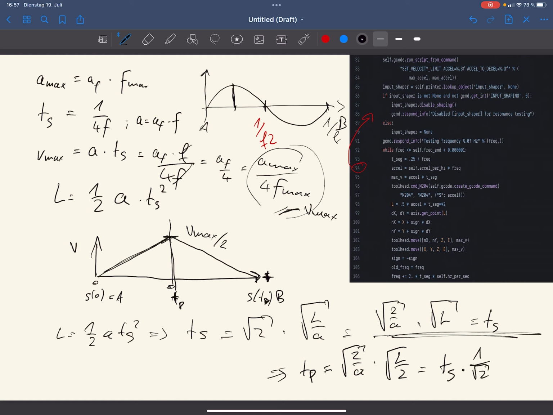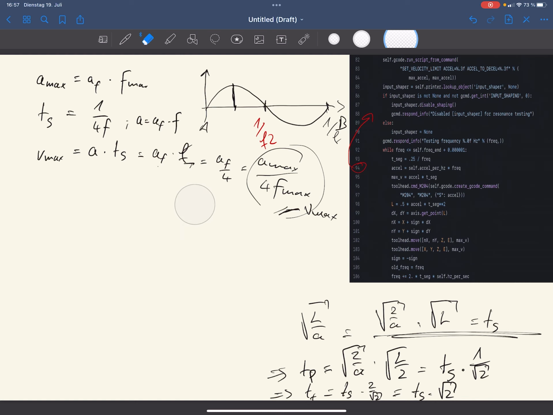So now this is only for half the travel, so we need to double that. And let's call that TT, T target. Therefore, T target is TS times square root 2. Let me remove some parts just to be able to write.